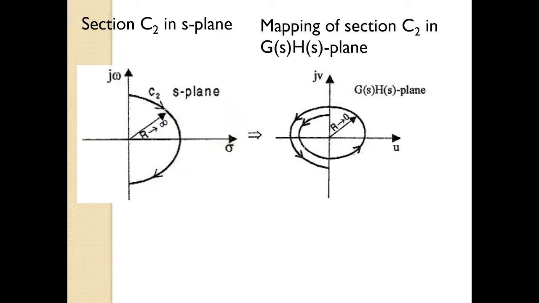Okay, so this is it. This is our contour on the GH plane. This is our contour. You can see it is in clockwise direction when theta varies from plus pi by 2 to minus pi by 2. This is our plus 270, and this is minus 270.